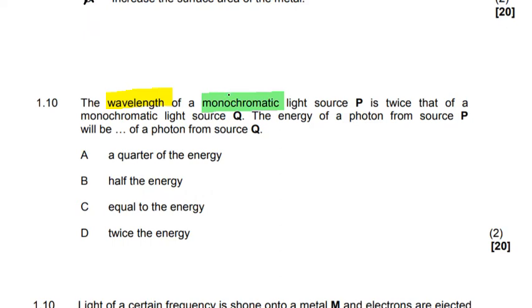So it's just a light source with a single frequency. It's a fancy way to say that you are using a specific light with a specific frequency and a specific wavelength. Very fancy word, so don't let that confuse you.